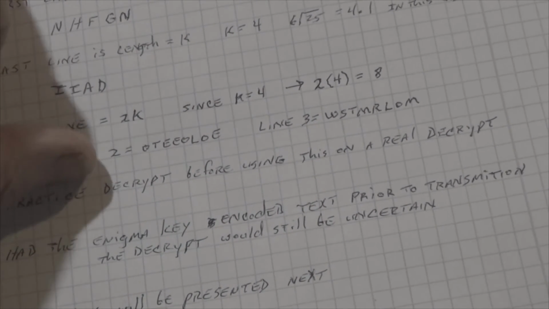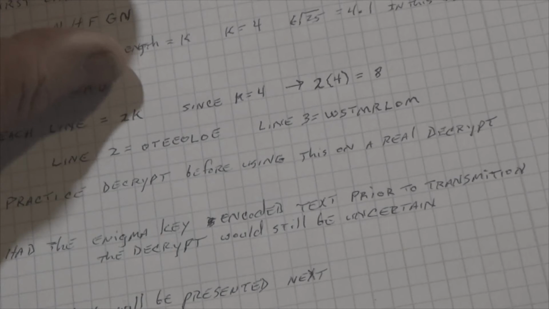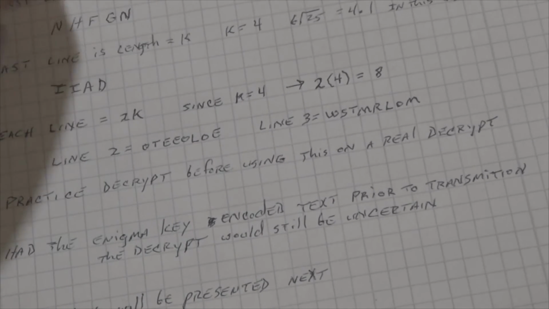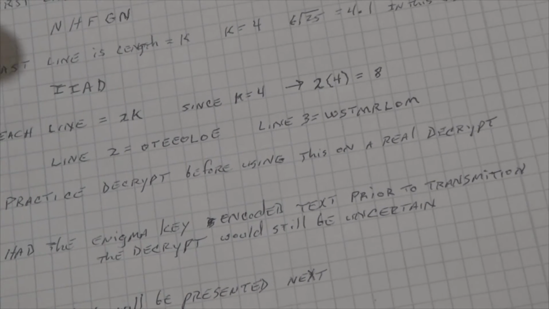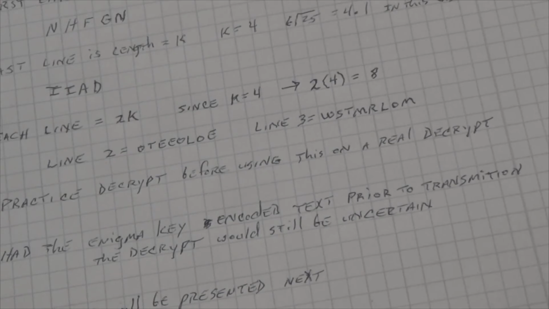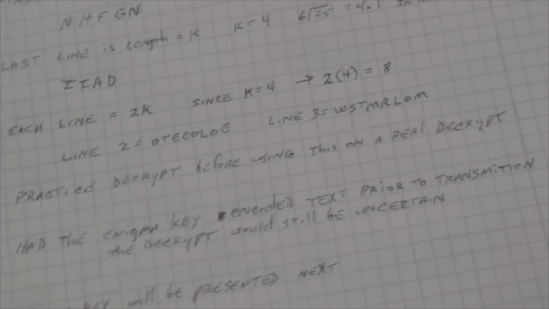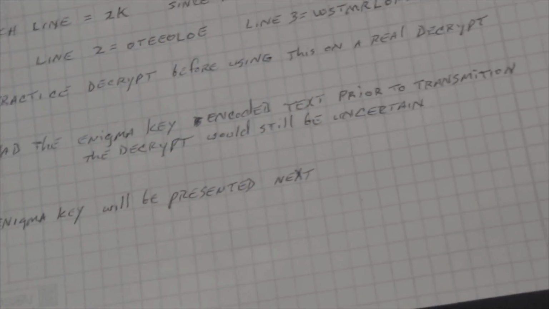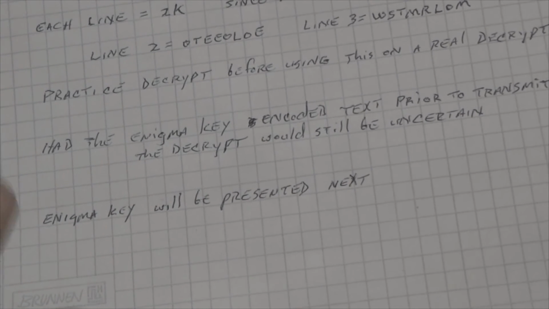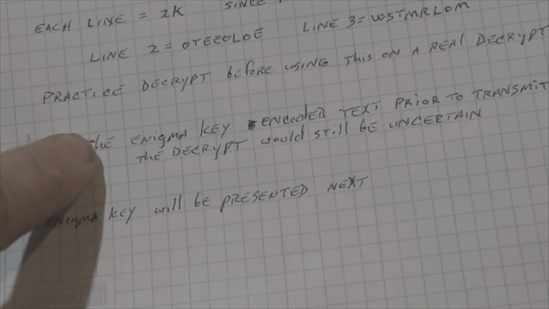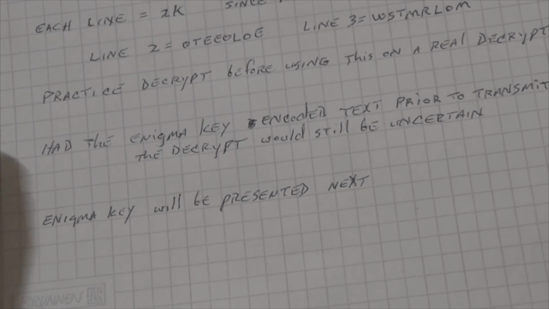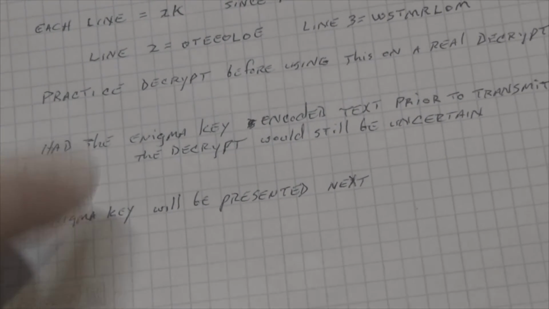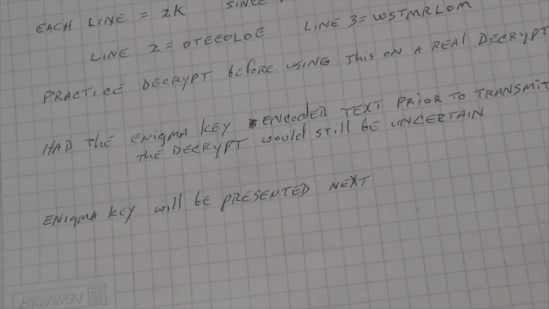The reason that I talked about the enigma ruler, which is what I'm calling it, it's an enigma slide, but the reason I'm calling it the enigma ruler is you would still get gibberish, which would make it incredibly difficult to break the code. Now, had the enigma key encoded text prior to transmission, the decrypt would still be uncertain, and the enigma key will be presented next.